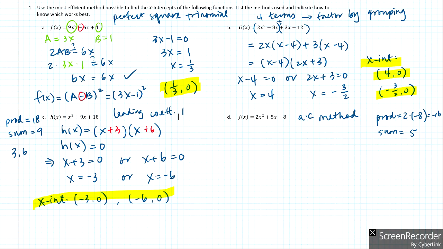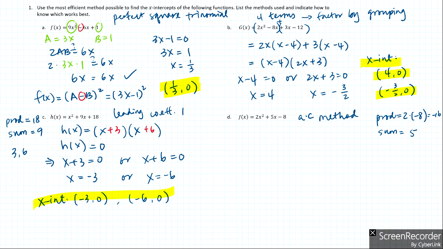And the very last resort for any factoring problem, or for any x-intercept problem or quadratic problems, in order to solve for 0, is always the quadratic formula. But I always want to try the AC method before I go down to the quadratic formula. Even though the quadratic formula always works, it's usually not the most efficient method because you're always working with radical expressions overall.